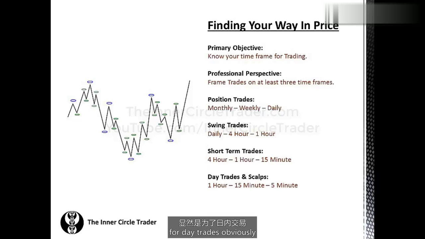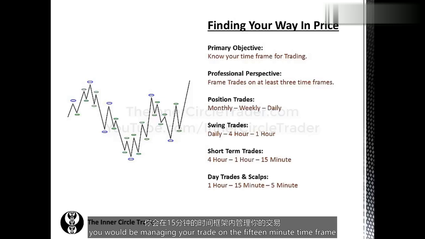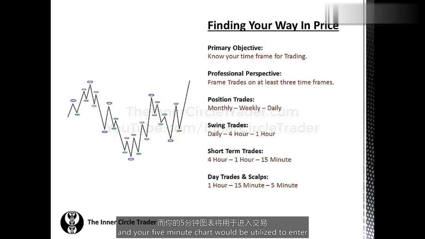For day trades, obviously, you can see the 1-hour chart would be your highest time frame. You would be managing your trade on the 15-minute time frame, and your 5-minute chart would be utilized to enter. Now, it's not to say that you can't use a 5-minute chart on the short-term swing and position trades for entry.